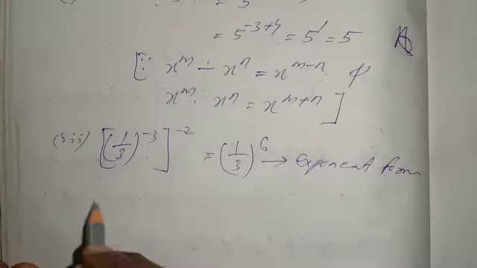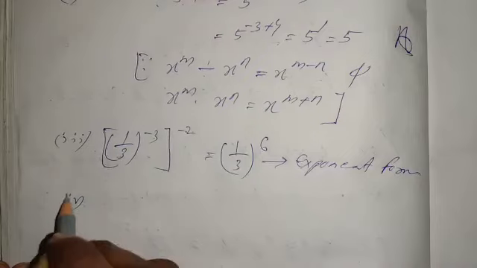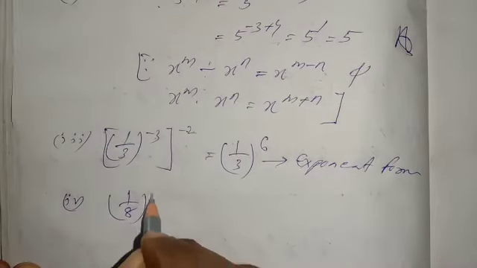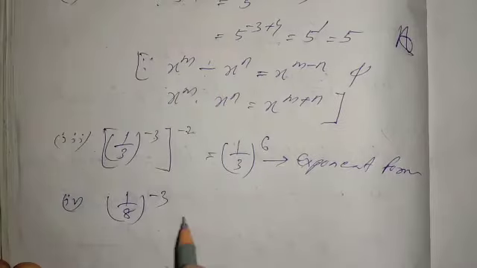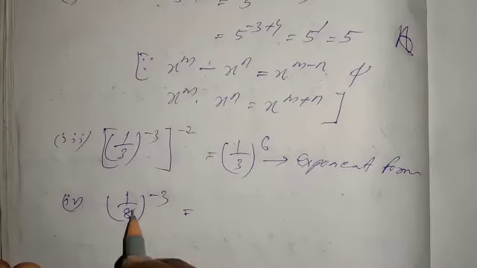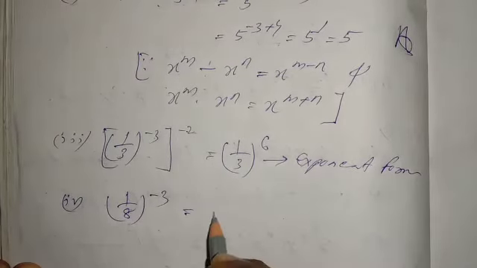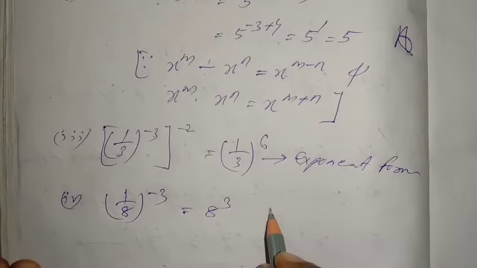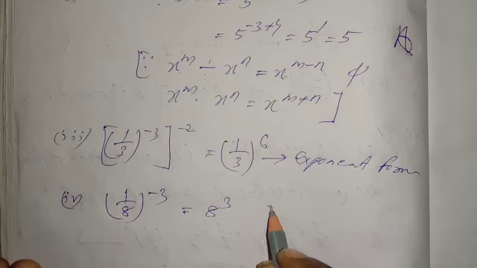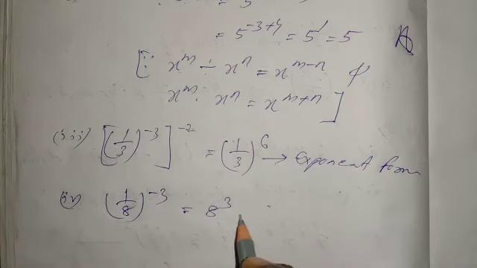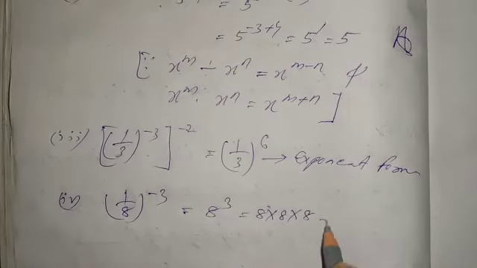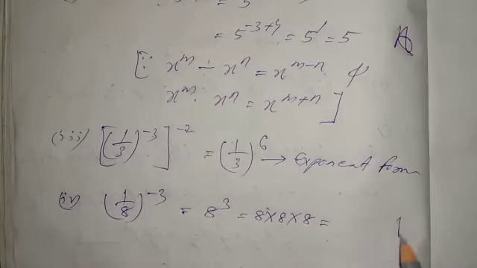Next, the fourth part. The fourth part question is given as (1/8)^-3. Here a negative power is given. If you take the reciprocal of the fraction, it will be a positive power. That means 8/1, that is 8 cube. 8 cube is the exponential form. And for 8 cube, you have to multiply 8 into 8 into 8, three times. The result you have to write, that is the answer.